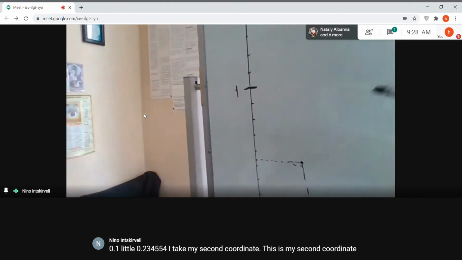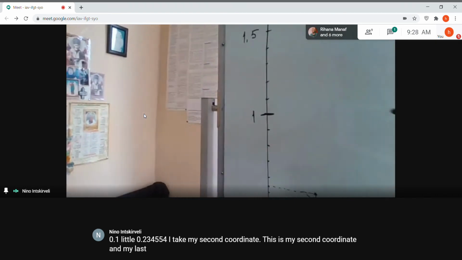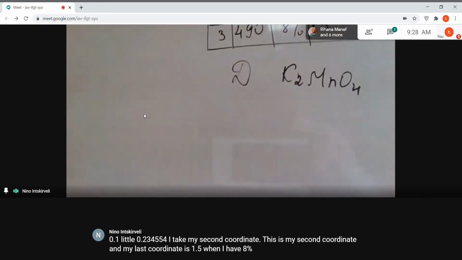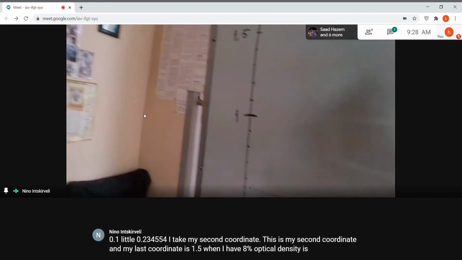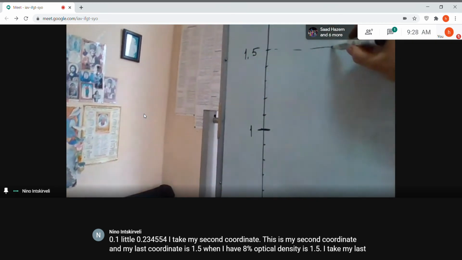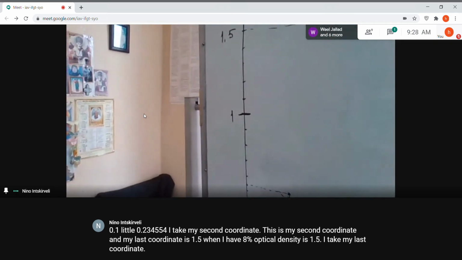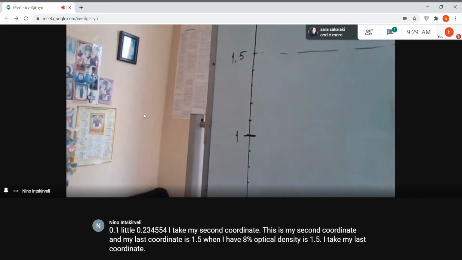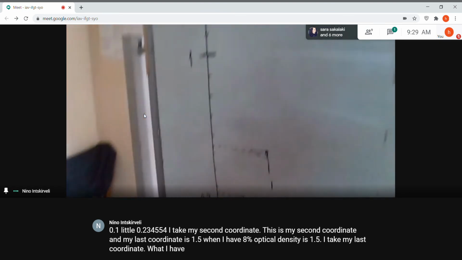And my last coordinate is 1.5. When I have 8%, optical density is 1.5. I take my last coordinate. I have 3 coordinates.